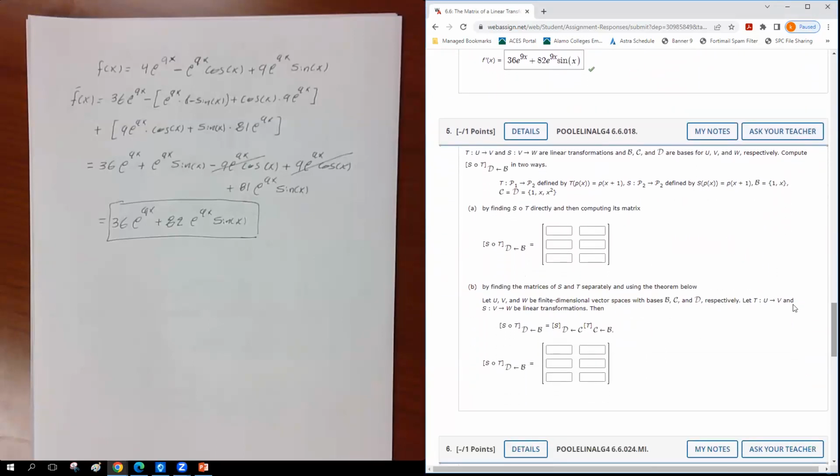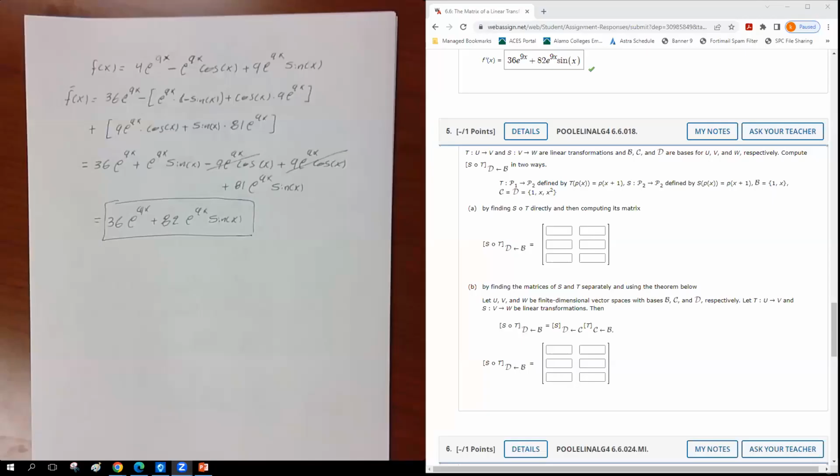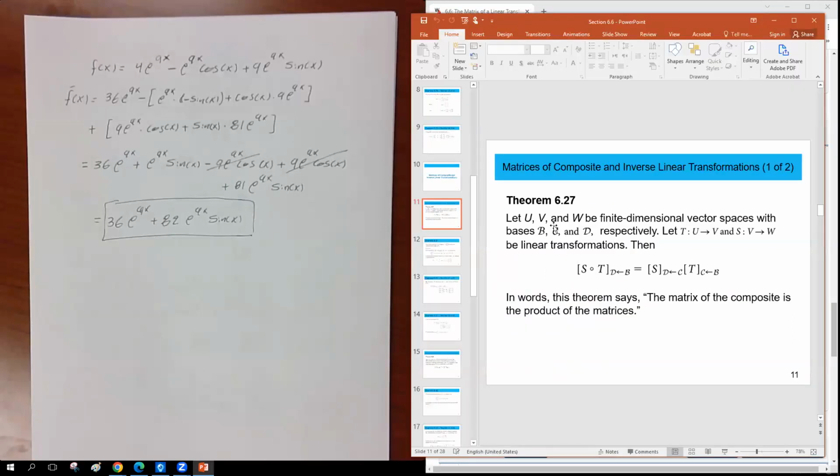Now, number 5, we're going to use the composition S composite with T. For number 5, we're going to use theorem 6.27. Let U, V, and W be finite dimensional vector spaces with bases B, C, and D respectively.